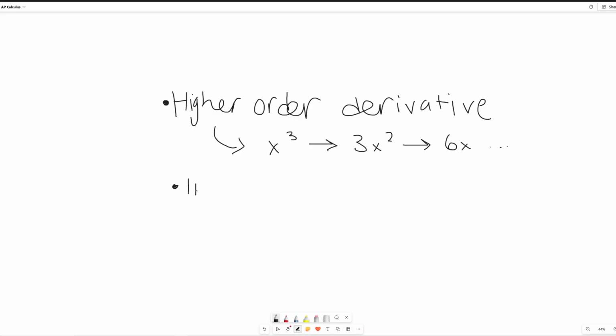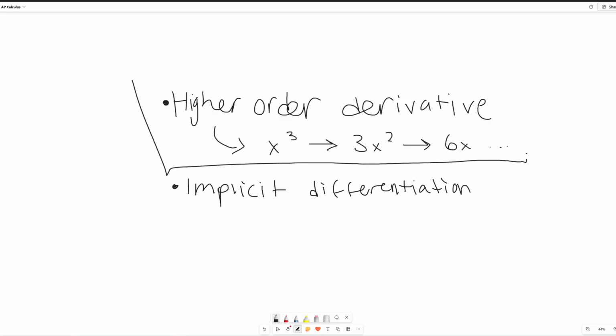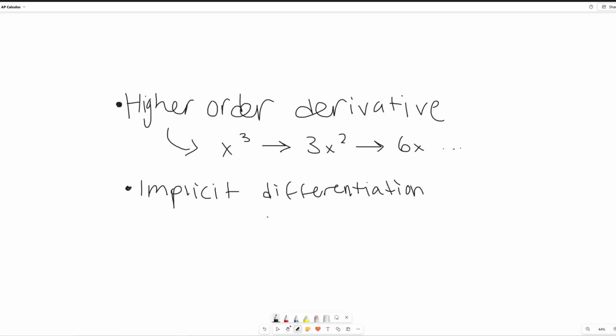Implicit differentiation. There will always be one implicit differentiation question on the test. And for the higher order derivatives, there will be multiple mentions of it on the test. Multiple. So you need to know that.